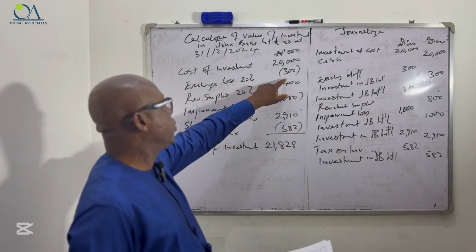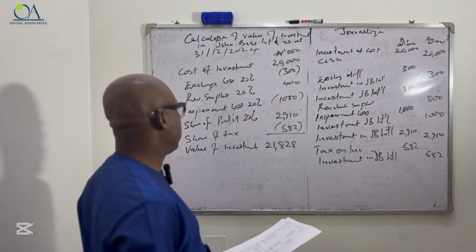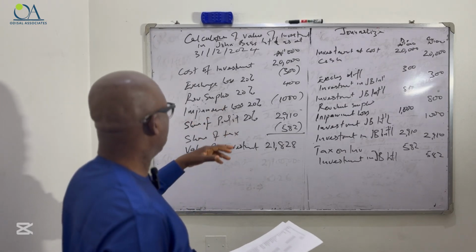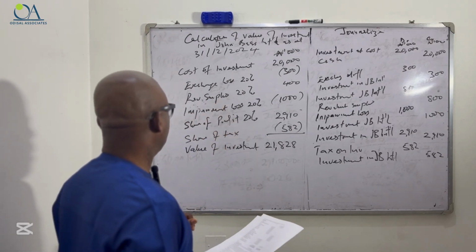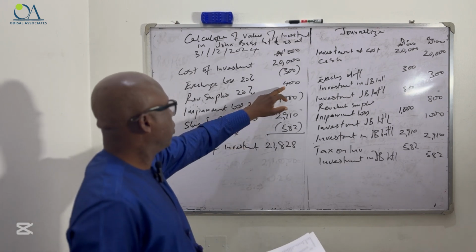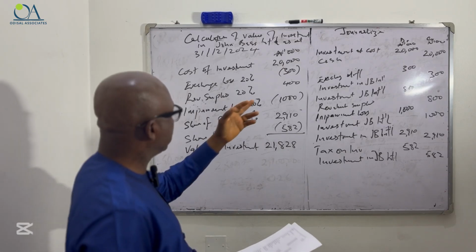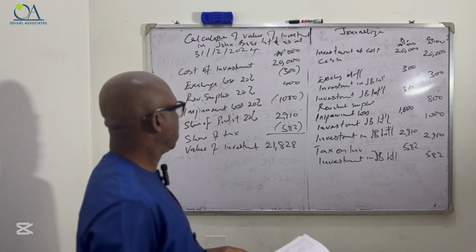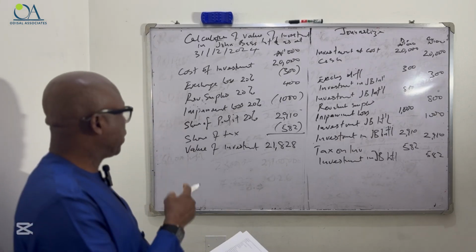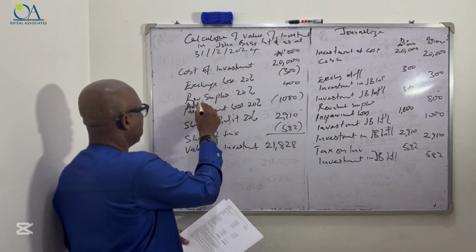We take the 20% of it. 20% of 1.5 million is 300,000. Then the revaluation surplus is a gain. We take the 20% of it. Revaluation surplus is 2 million. 20% of it is 400,000. Okay, there is another additional revaluation surplus. Sorry, I didn't add it.